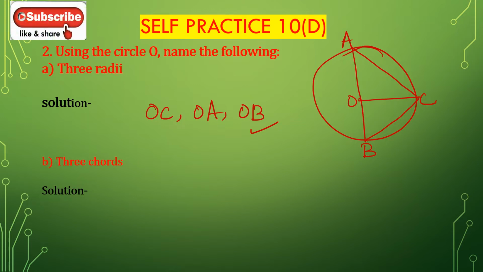If we join the points A, C, AC is a chord, BC is a chord. So 3 chords are AC, BC and OC.